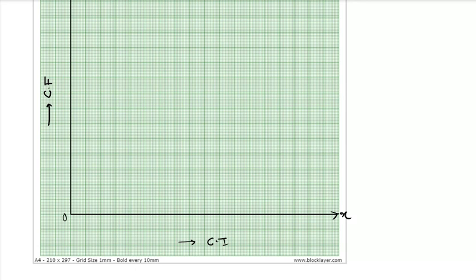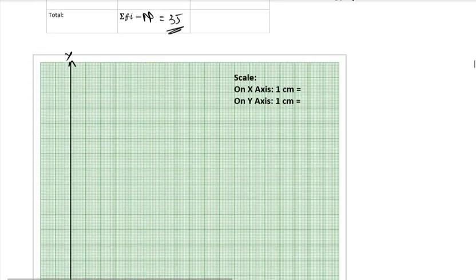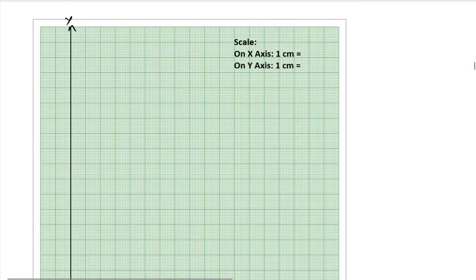We have 17 blocks, and we have to make just 5 numbers, at most 6 numbers, that is 0 to 50. So on the x-axis, I am going to take 2 centimeter as 10 units. I will cut this and write 2 centimeter is equal to 10 units.